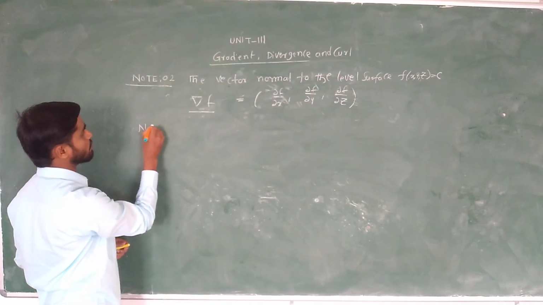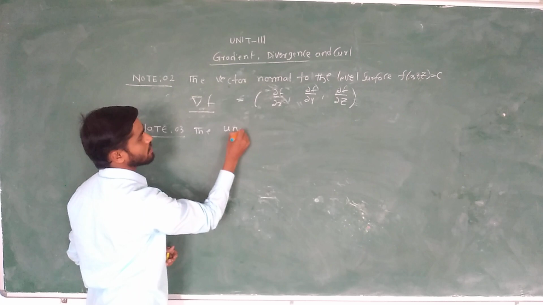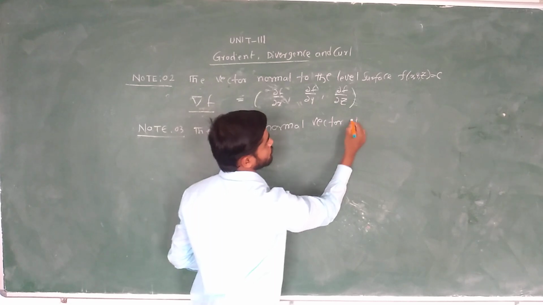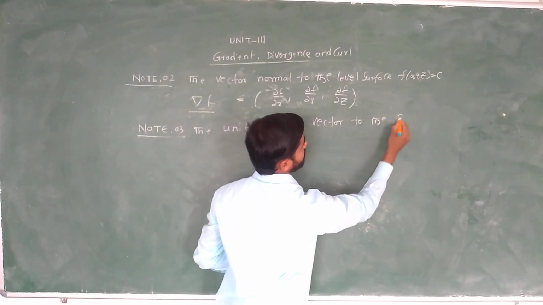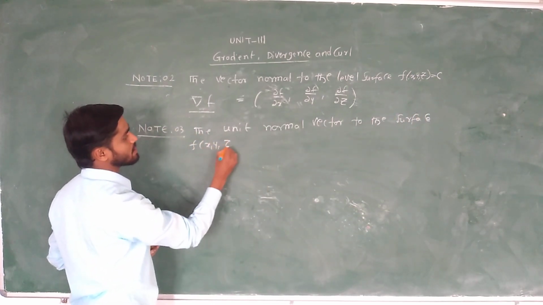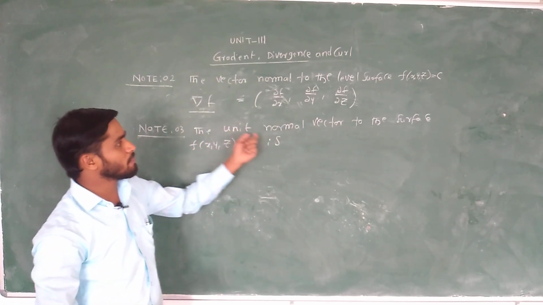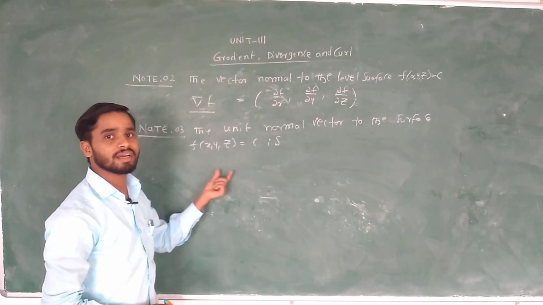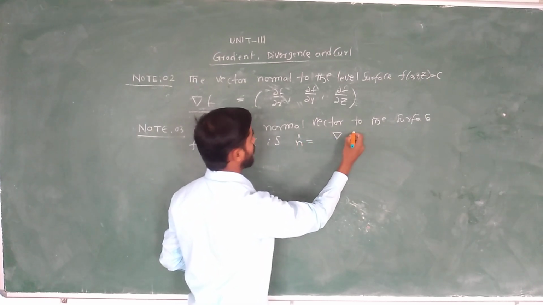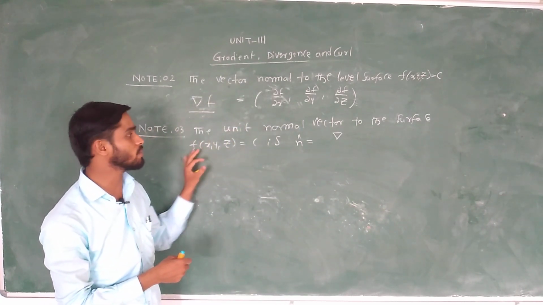And notice number 3 here quickly. Notice number 3: the unit normal vector to the surface f of x comma y comma z is equal to c is n cap is equal to del f by magnitude of del f. Here the surface f of x comma y comma z equal to c is given.